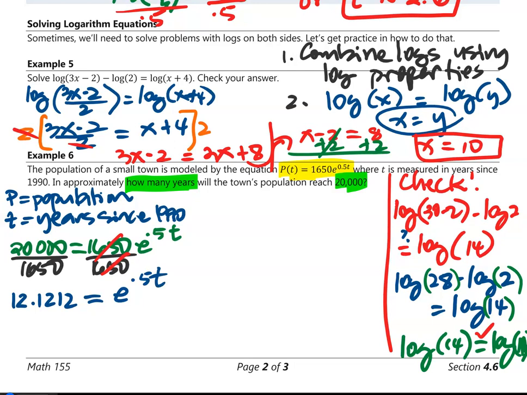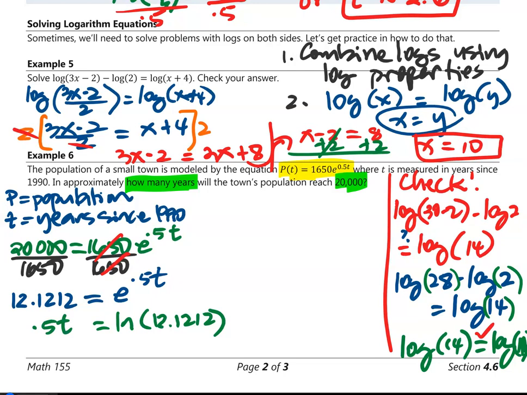Next, remember, rewrite this into log form. Log base e, meaning that is ln. So ln of 12.1212 is equal to, that exponent is on this side, 0.5 t.